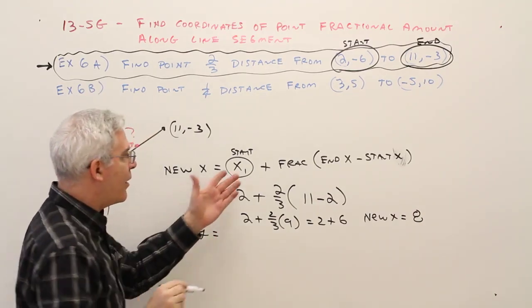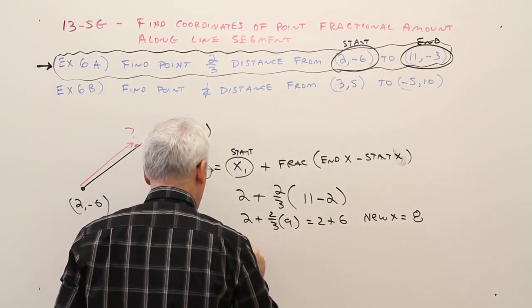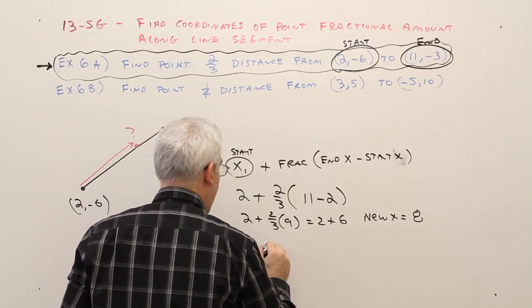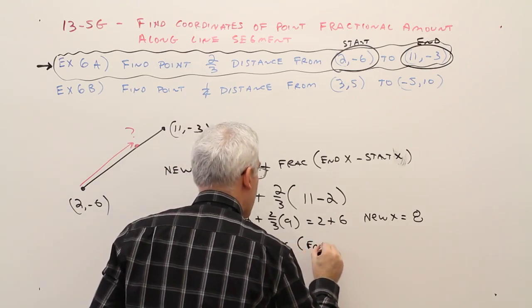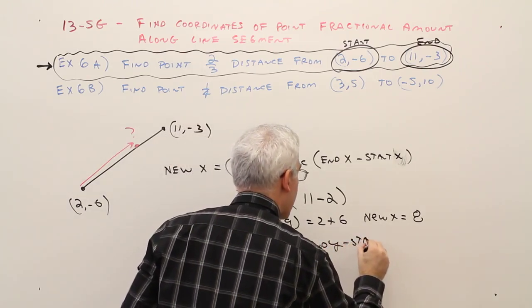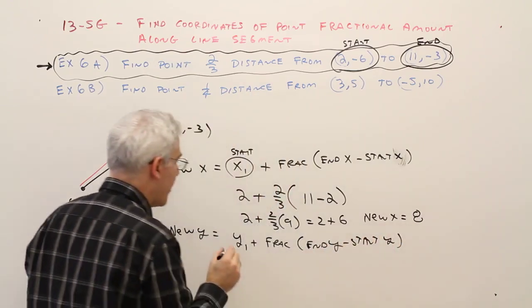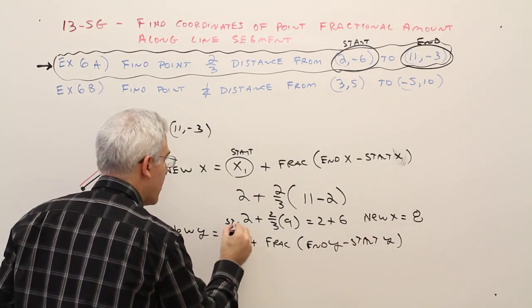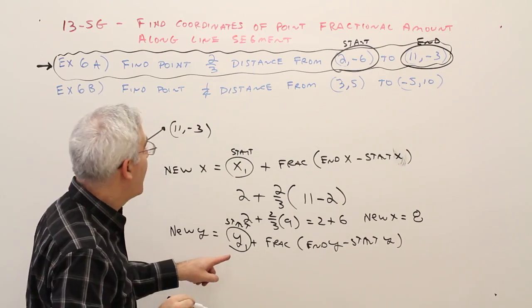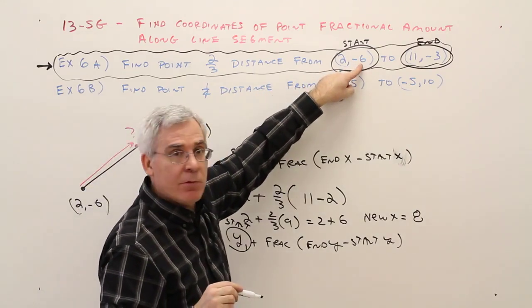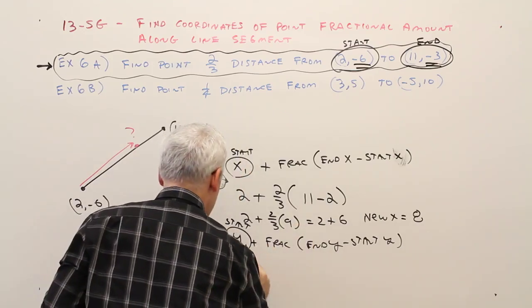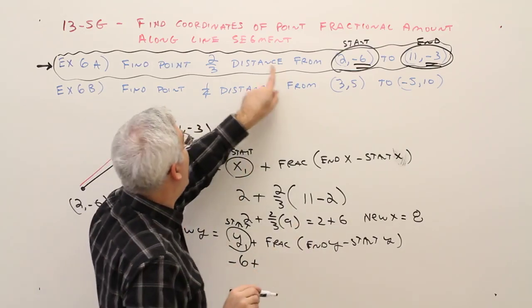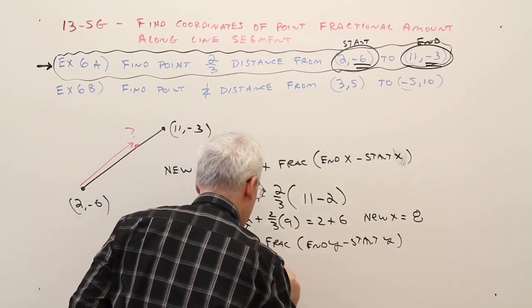The new y will be y sub 1 plus the fractional amount times end y minus start y. Again, that's my starting y. So my starting y value is now -6. My fractional amount is 2/3.